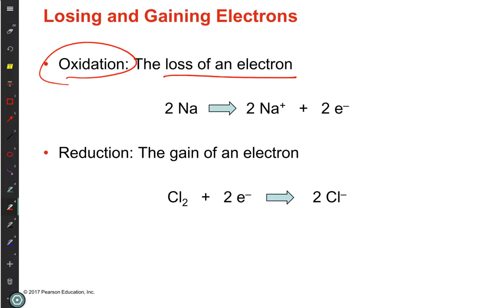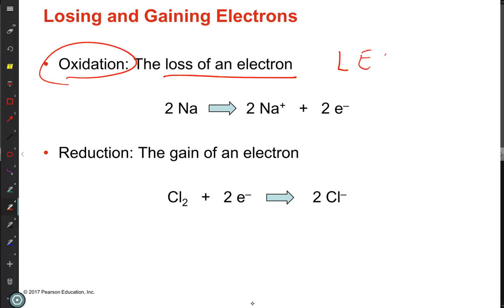So we have an abbreviation for this, or an acronym. LEO is the first one. Lose electrons, oxidation. So that's what LEO stands for. Lose electrons, oxidation. Then reduction is the opposite of oxidation. So, as Brittany Renee said, GER.